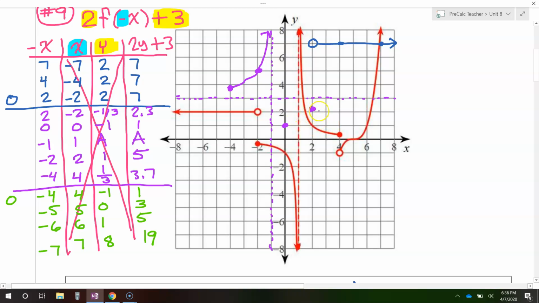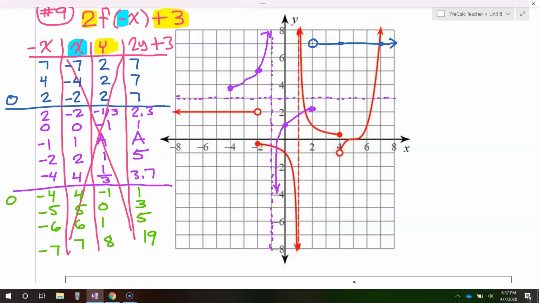And this one is going to be going like this. It won't go any further than that because our purple part only goes from negative 4 to 2. So it's just that, and it stops right there.